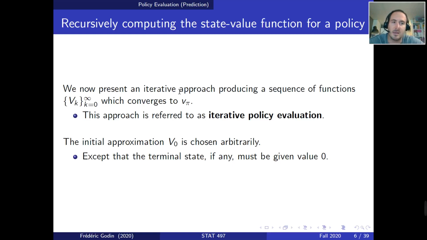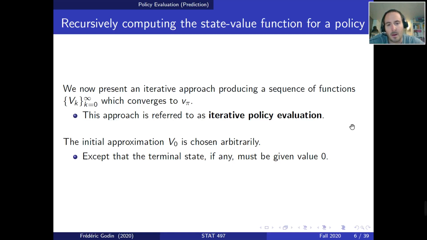This is very nice because if we go sufficiently far in that sequence, we're going to have a very good approximation of the value function. The procedure we're going to discuss next is known as iterative policy evaluation. We don't exactly calculate v pi as in regular policy evaluation, but we obtain an iterative approximation of it.